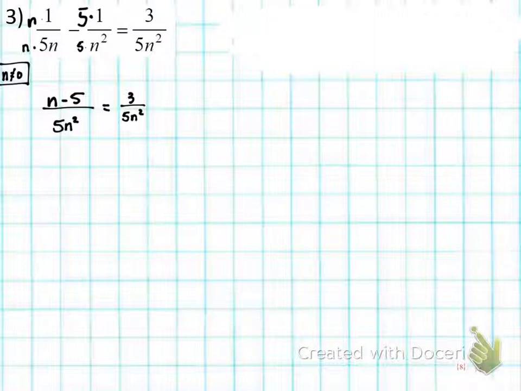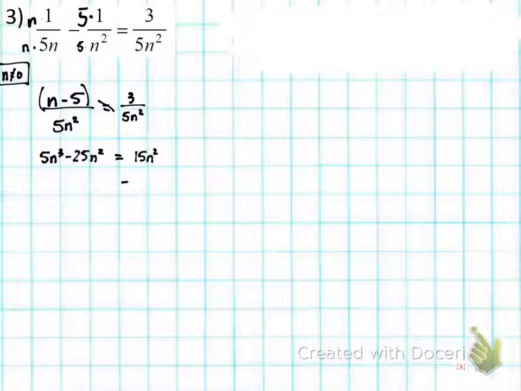So we know that this has parentheses around it, and minus 5 does. So we're going to cross multiply it with the second denominator. We got n minus 5 times 5n squared is going to be 5n cubed minus 25n. Then we got to cross multiply 5n squared times 3, which is going to be 15n squared.